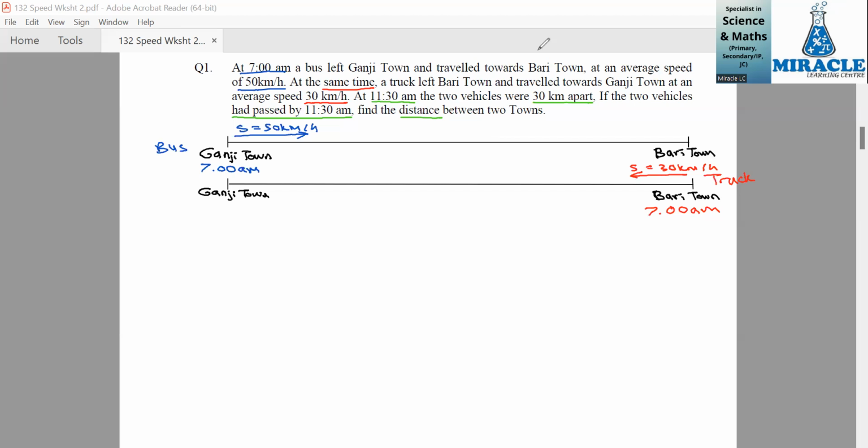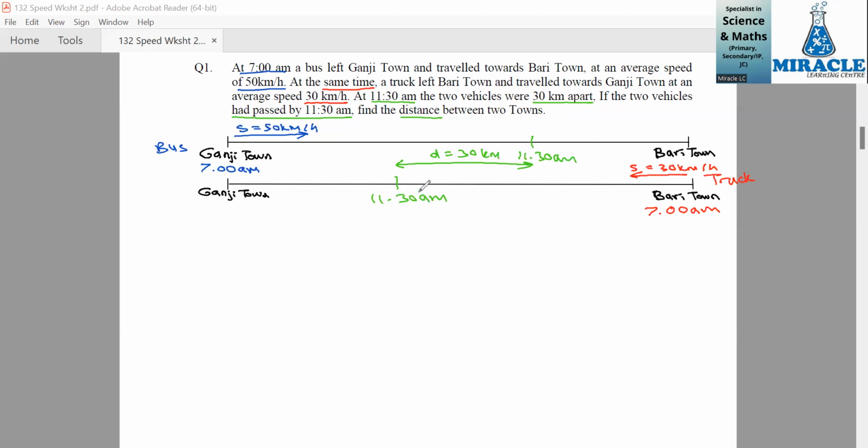And we know that at 11:30 a.m., the two vehicles had already passed, so they won't be at the same spot. So maybe around here, 11:30 a.m. And we know that the distance between these 2 points is 30 kilometers.